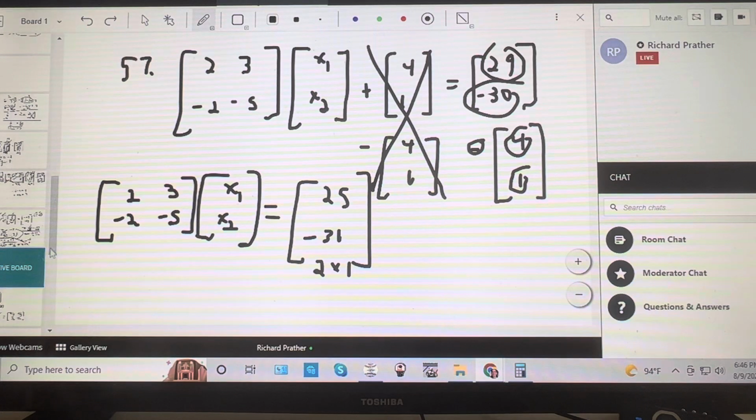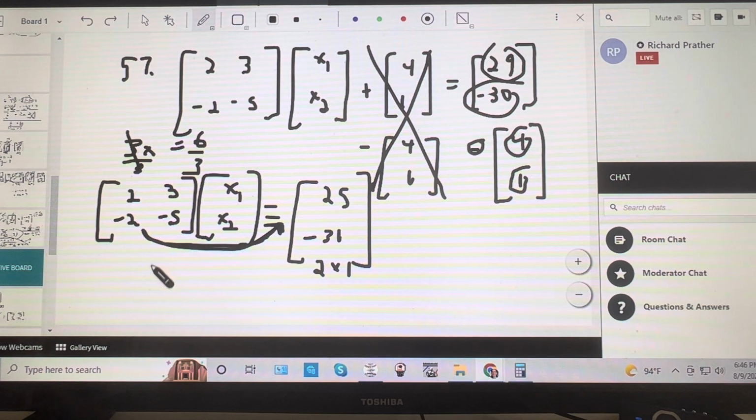So what that does, you know how in algebra, if you have like 3x equals 6, you divide both sides by 3, because those are inverses of each other. So moving this to this side of the equation so that you have x1 and x2 isolated, that works if you do the inverse on the other side.